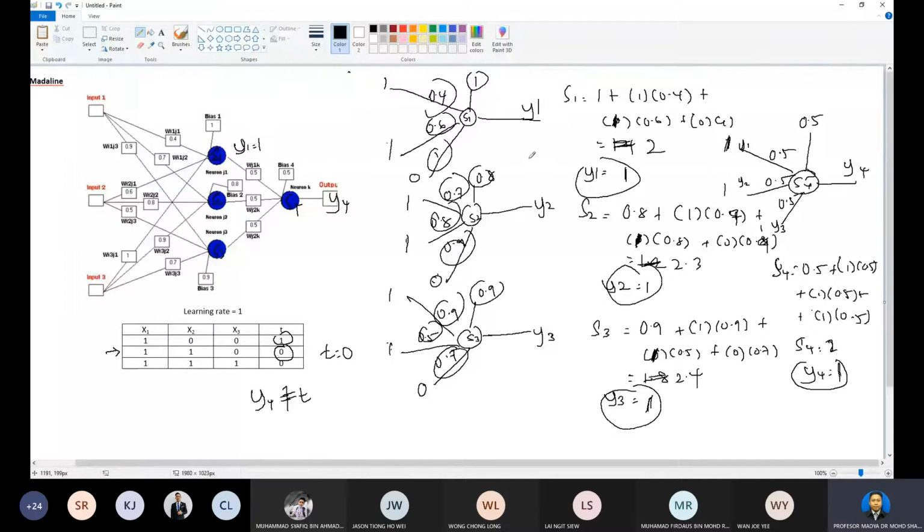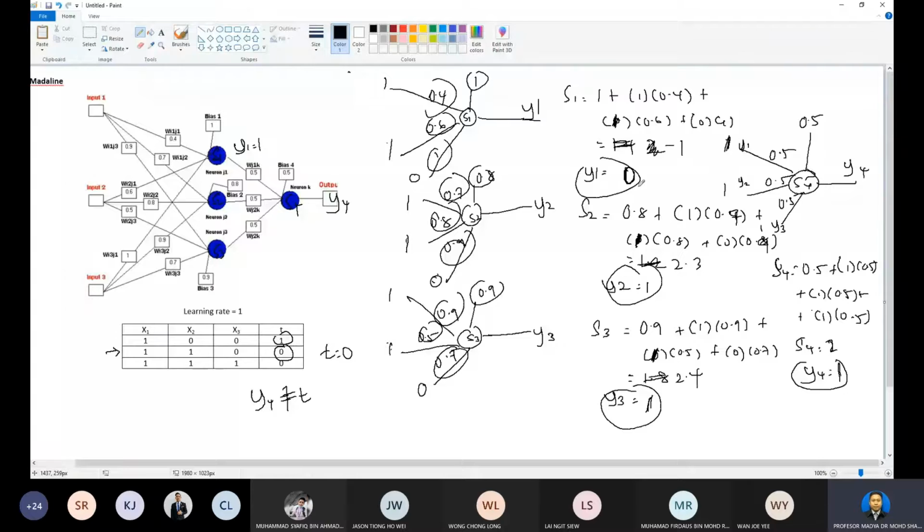For adaptation, you just substitute the formula. But I want to show an example: if y is not equal to t, where t is 0. Maybe this one I change to negative 1; calculate, you get negative 1, so y automatically will be 0.